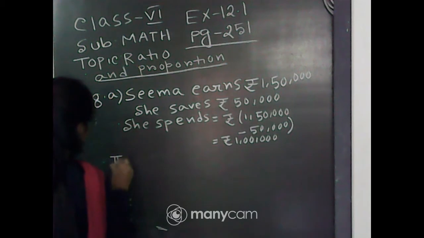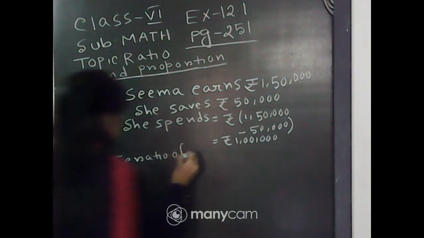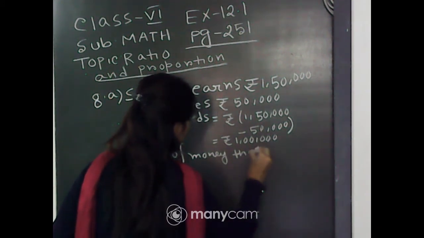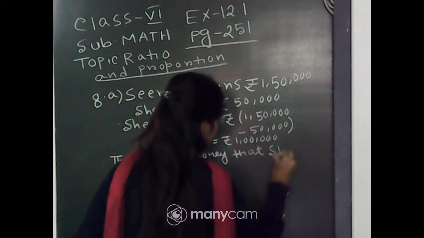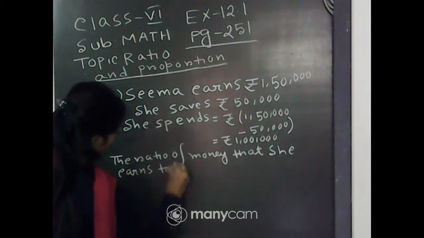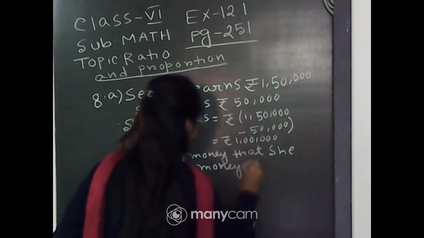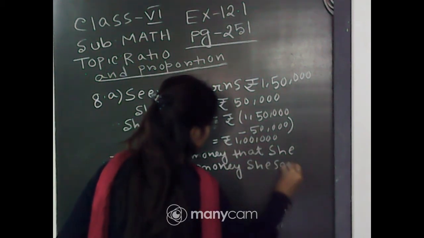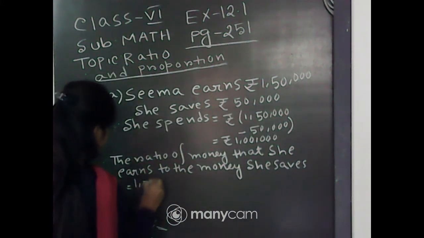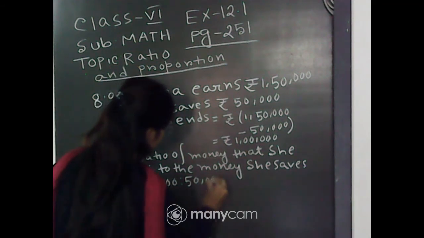Therefore, the ratio of money that she earns to the money she saves is equal to 1,50,000 is to 50,000.